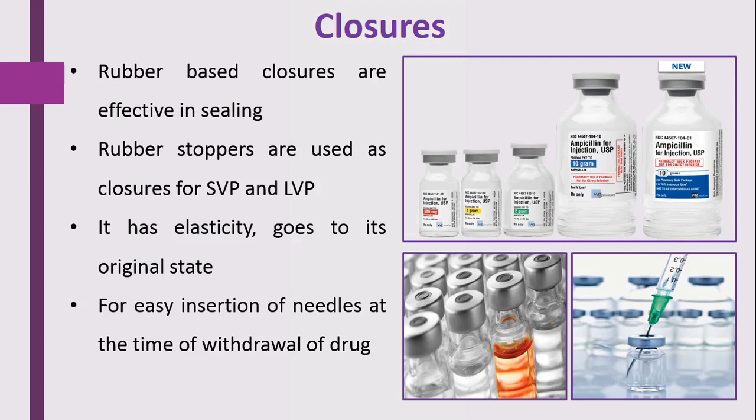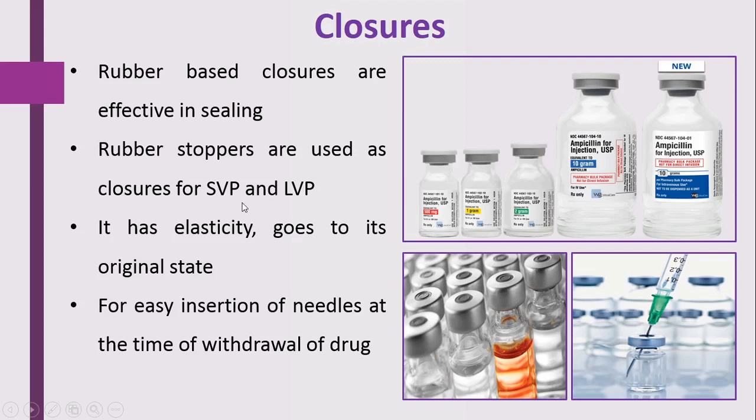When we remove the needle, the rubber goes back to its original state, and contamination or entry of microorganisms as well as contaminant particles is avoided. For these reasons, rubber closures are mainly used.